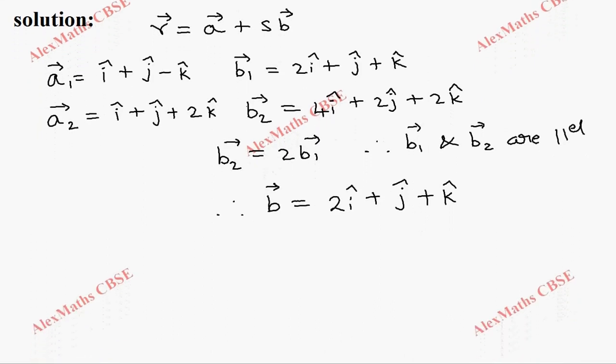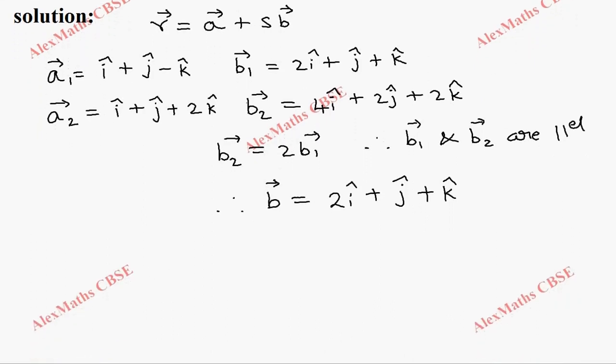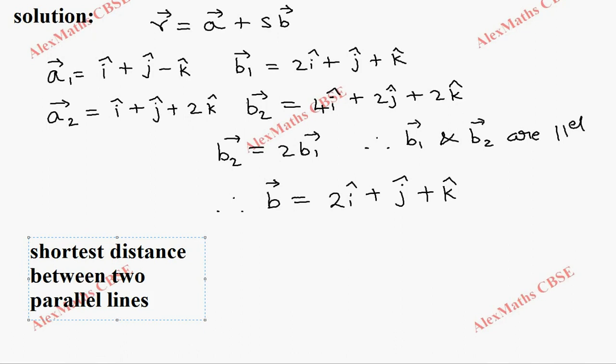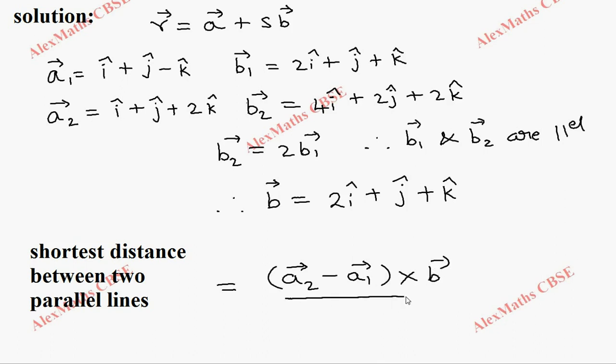Since these two are parallel, the shortest distance between two parallel lines by formula is A2 vector minus A1 vector cross B vector, whole divided by mod B vector, and everything under the magnitude.